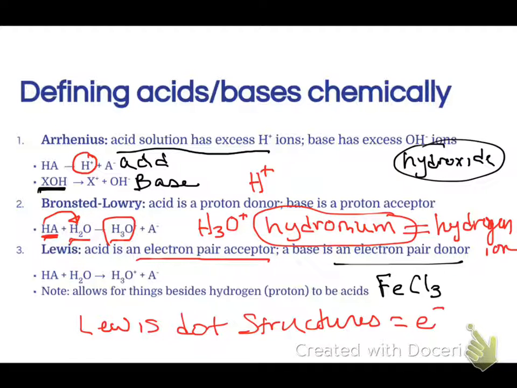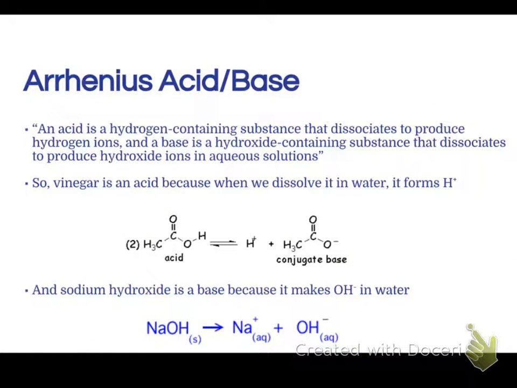But this doesn't actually have any hydrogens in it, and yet when it mixes with water, it forms an acidic solution. Okay, so Lewis's definition is the most inclusive, meaning it includes a lot of species that don't fit into the other two boxes. Everything that fits into the Arrhenius definition also fits in Bronsted Lowry, so that means definition 2 is the second broadest, and definition 1 is the least broad.